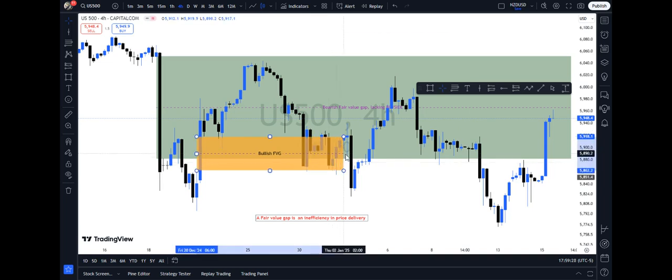Price did something wonderful here. Price went higher, leaving us with a fair value gap and an inefficiency in price delivery. Price closed bearish here, opened upward, went downward, dug into it, and still went above the fair value gap again.